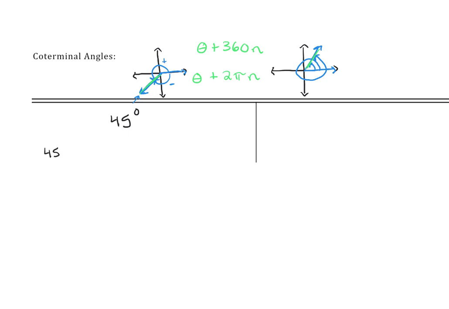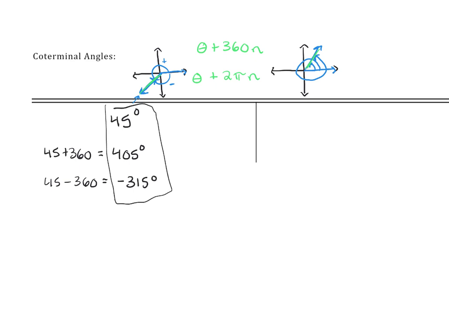So simply 45 plus 360 would be 405 degrees. Could also do 45 minus 360, which is negative 315 degrees. So all of those angles would be on the same location.